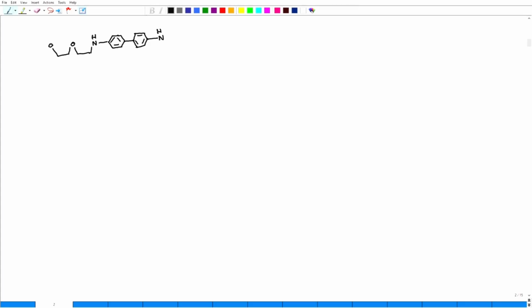My aim here is not to show you details of the synthetic methods, but just to tell you that it is indeed possible to have such structures.